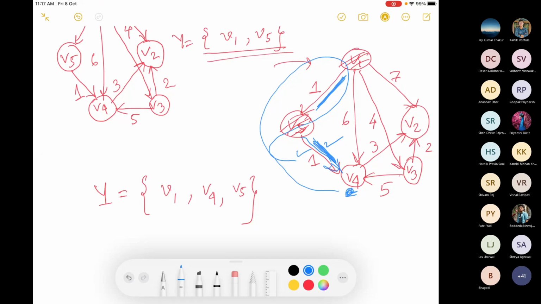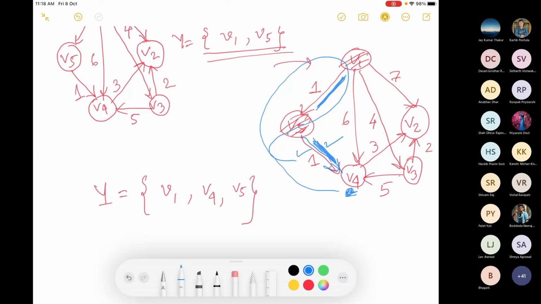This particular edge, right? Sir, V1 to V4 is also touching. Yes, but it has to be the minimum. Yeah, the minimum one is this V5 to V4. It is the minimum weight edge that is touching. Sir, I didn't get how you are defining touching a vertex.